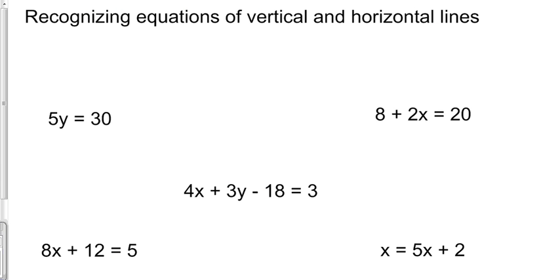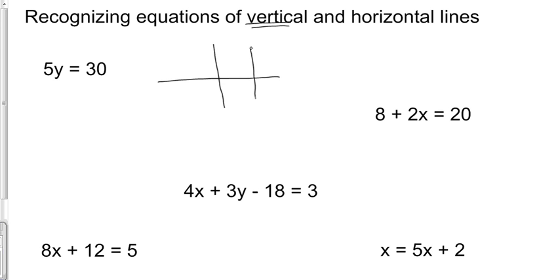Okay, how do I recognize horizontal and vertical lines? Here's the thing with horizontal and vertical lines. When I see a vertical line, every point on that line is going to have the exact same x coordinate. So if I named a bunch of points on this line, they might be like (4, 5), (4, 2), and (4, -3). But every x value will be 4.